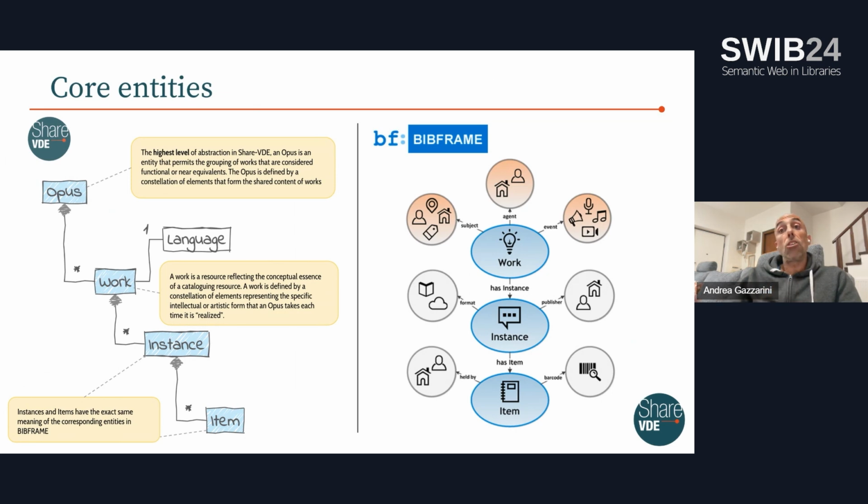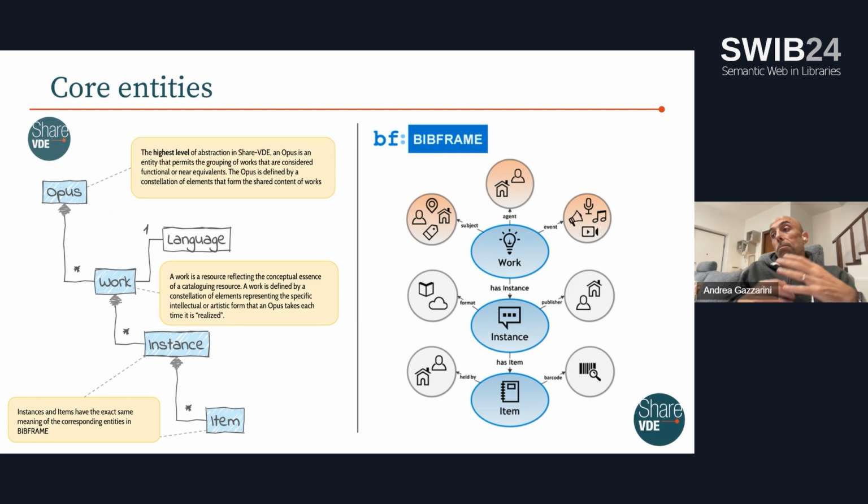So you will find a lot of similarities. At the same time, there are differences. In the picture, we have the core hierarchy where, for example, the work entity has been split in Share-VDE between another entity called Opus and the work, which is basically the BIBFRAME work.